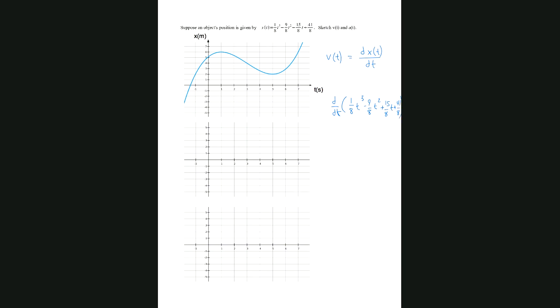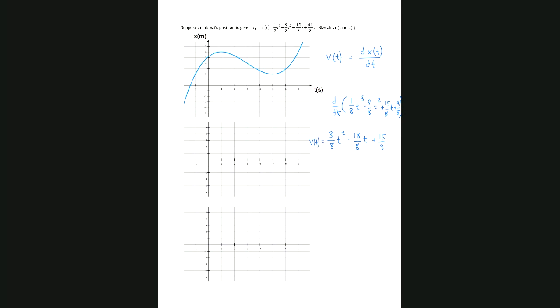All right, first of all, I'll use the power rule for differentiation, and we'll get 3/8 t squared for that first term. We'll have negative 18/8 t plus 15/8, and that will be our velocity function.